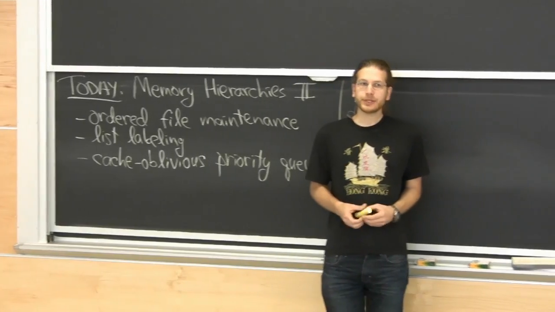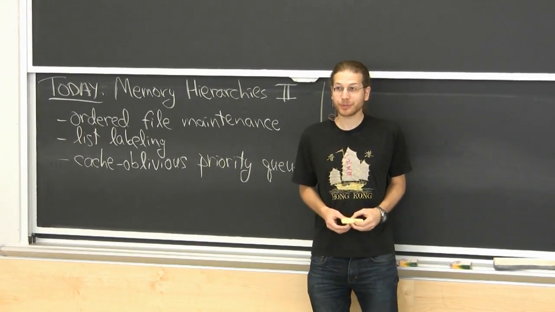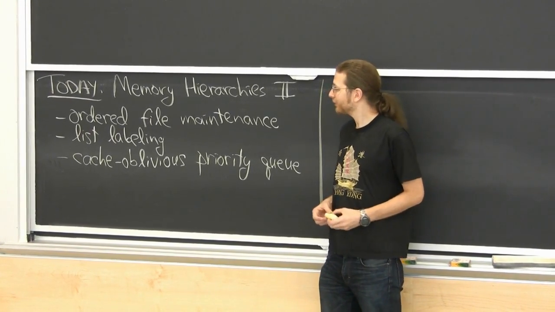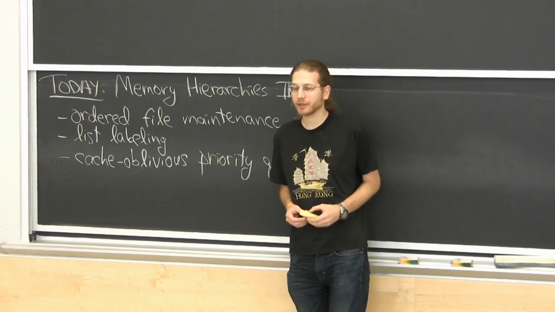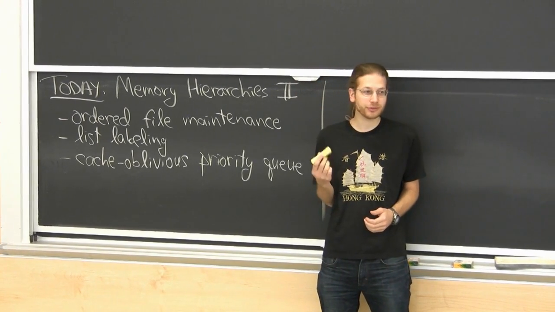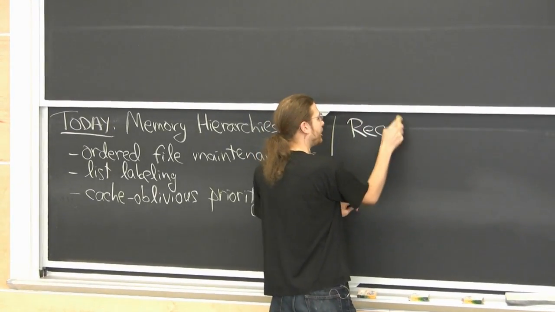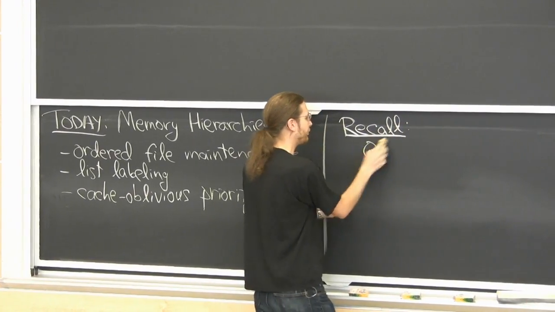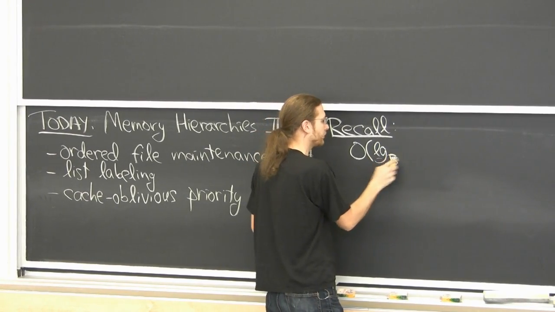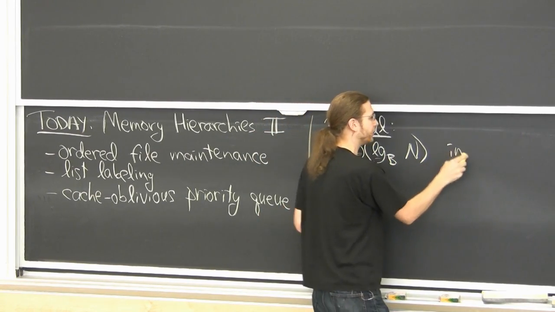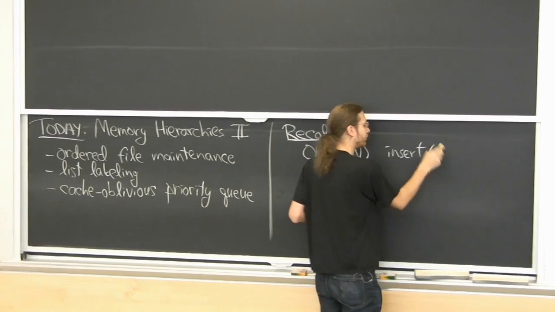All right, today we resume our theme of memory hierarchy efficient data structures. And last time we saw cache-oblivious B-trees, which achieve log base B of n for all operations: insert, delete, search.